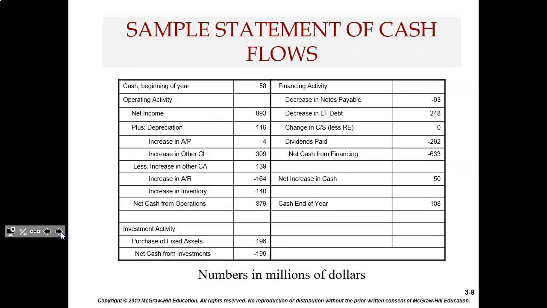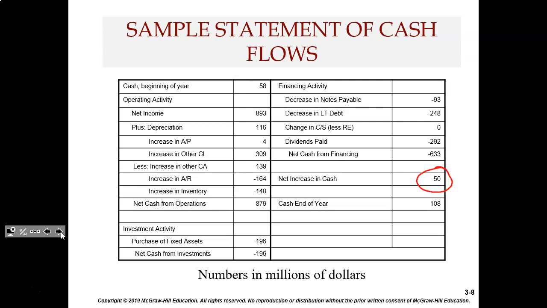Okay. So we have an example of a statement of cash flows here, and you can see we have the operating activity, and you can see our transactions. We have the investment activities, and we have the financing activities, how we paid for those investment activities. And we can see at the end of the year, did we have a net increase or decrease?